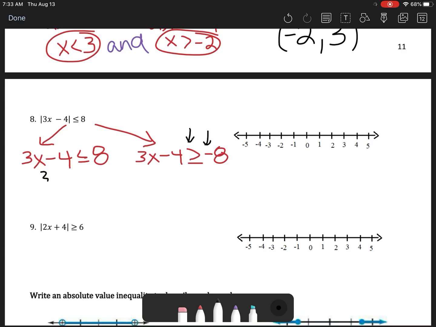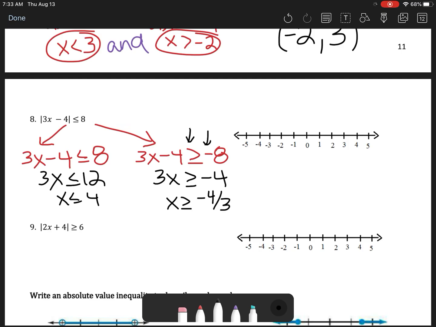Okay, when we solve this, if you add 4 to both sides, 3x is less than or equal to 12, so x is less than or equal to 4. The next one, 3x is greater than or equal to negative 4, so x is greater than or equal to negative 4/3. It's okay to have things as fractions. MathXL can handle it, and I believe we can too.